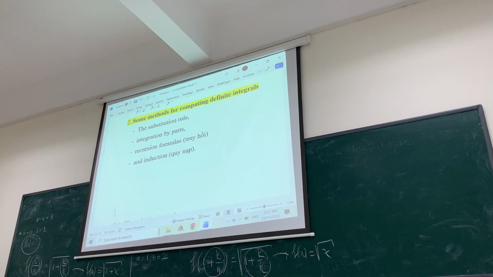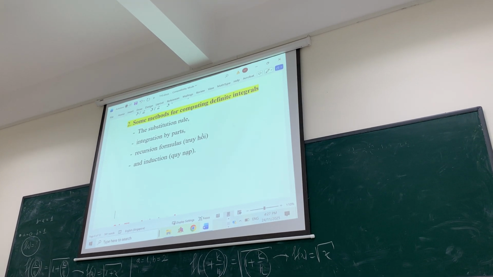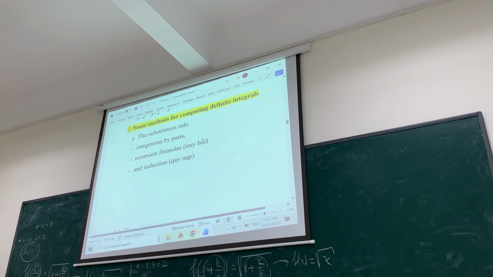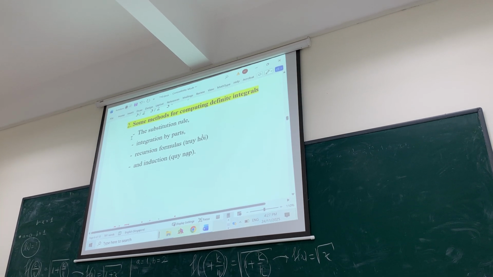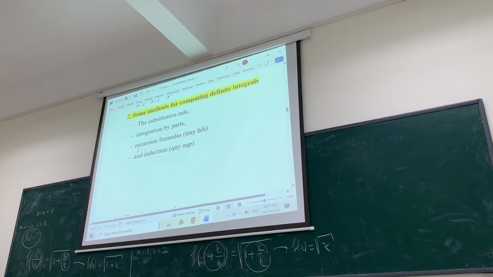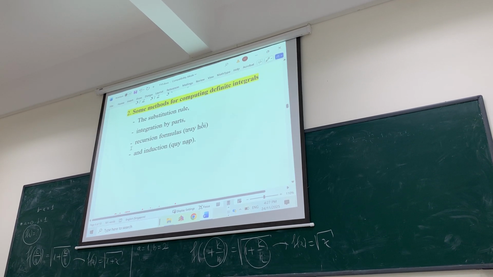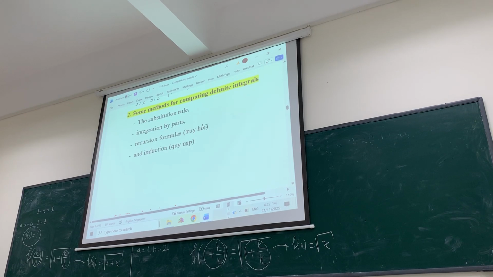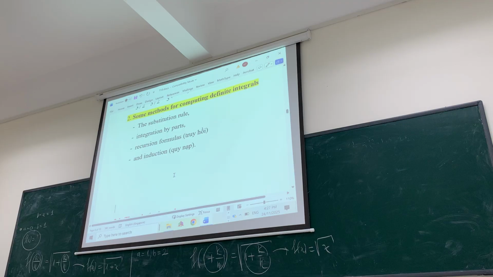Here we recommend four methods. The first is the subdivision rule. The second, integration by parts. The third is the recursion formula. Finally, the induction method.